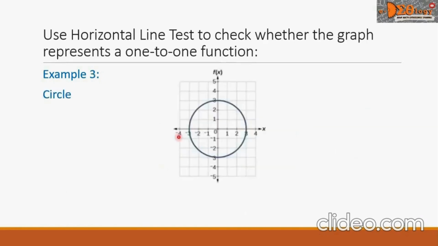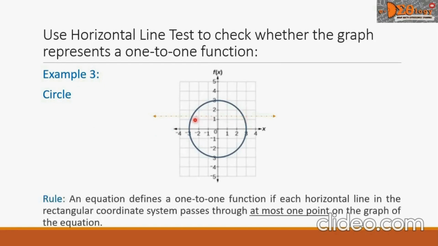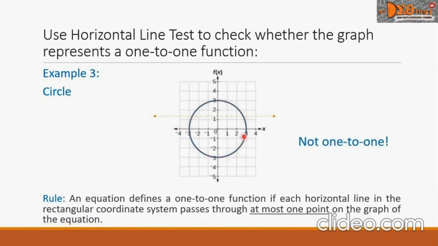Let us have example 3, a circle. Let us draw a horizontal line. We can see that this horizontal line touches the circle in 2 points, and we know already the horizontal line test. So we can say that a circle does not represent a one-to-one function.